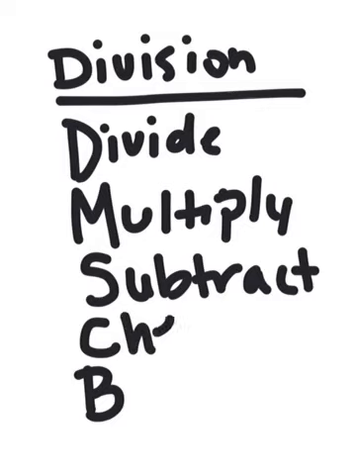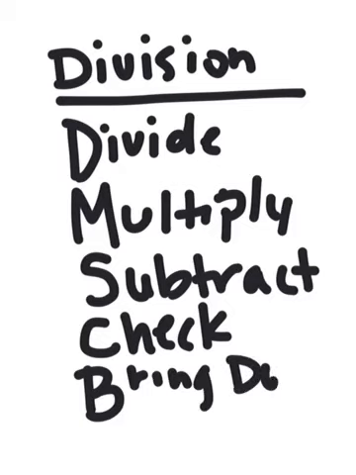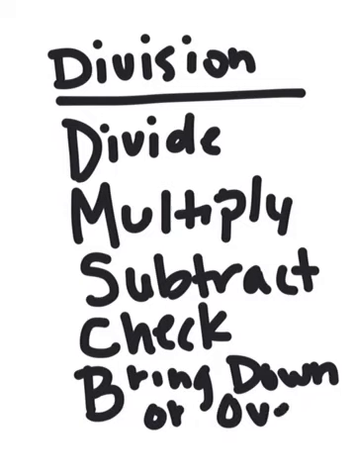C is check. And B is bring down or over, depending on what method you use. And we're going to look at some methods together. Okay, so those are our steps.